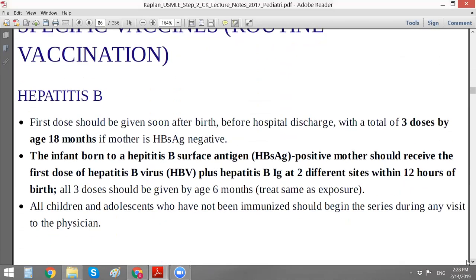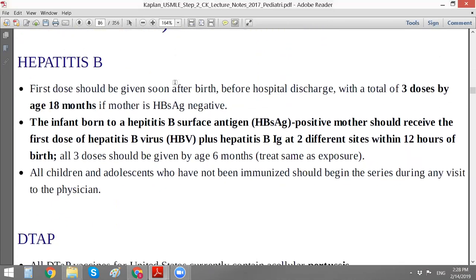Specific vaccines and routine vaccination. Hepatitis B: the first dose soon after birth, before hospital discharge, with a total of 3 doses by age 18 months if the mother is HBsAg negative. An infant born to a hepatitis B surface antigen positive mother should receive the first dose of hepatitis B vaccine plus hepatitis B IG at 2 different sites within 12 hours of birth.